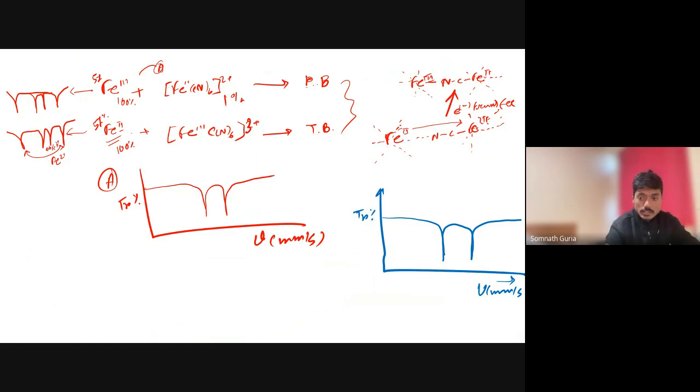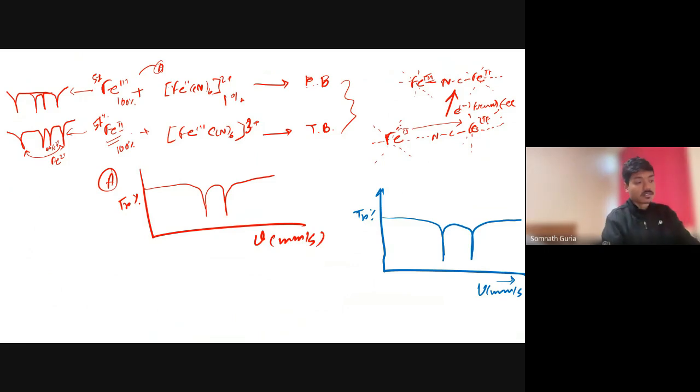Exactly the same complex has been found in Turnbull's blue and Prussian blue. And that has been monitored by the isotopic abundance of iron 57.